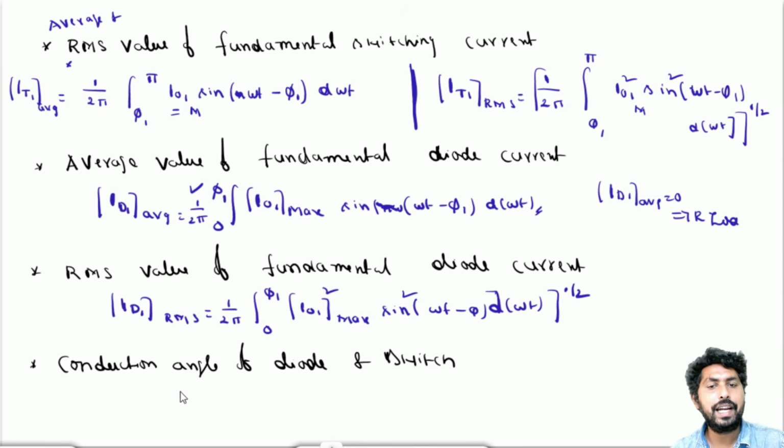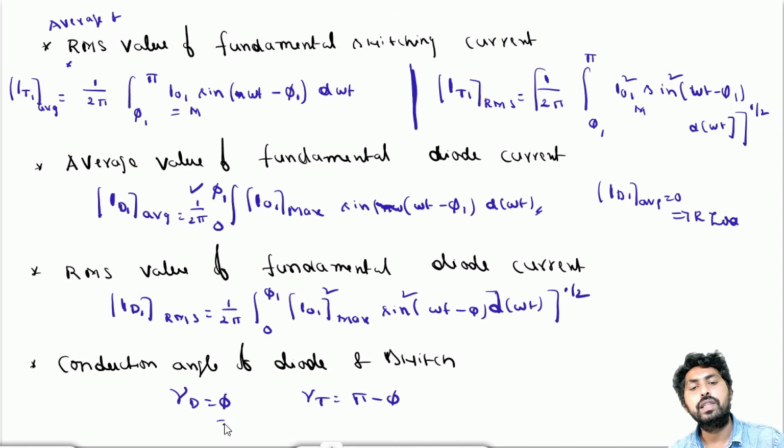Similarly, the conduction angle for the diode will be phi 1, and the conduction angle of the thyristor will be pi minus phi 1. This phi 1 can be evaluated, as we have seen in the starting itself. For example, if it is a resistive load, phi 1 is 0, so the conduction angle of the diode is 0, and the conduction angle of the thyristor will be pi minus phi 1, so it will be pi.